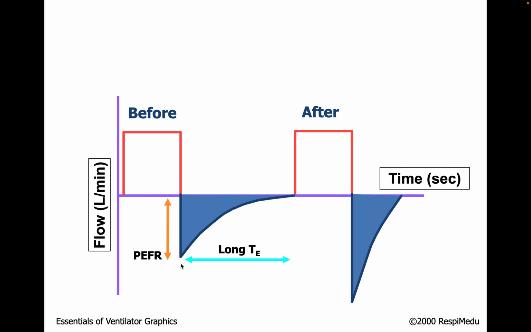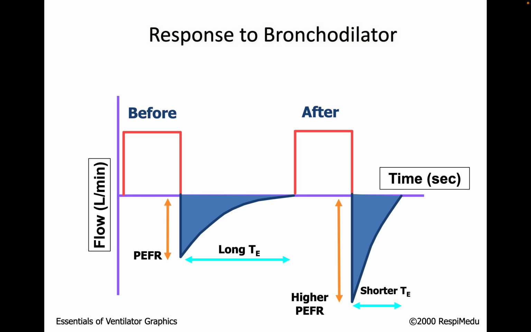Before, you could see the PEFR is low with a longer expiratory time, and after some intervention the point has gone up and the expiratory limb is touching the baseline well in time, unlike the prolonged expiratory time in the earlier scalar. So this is a case of response to the bronchodilator. This is before the bronchodilator, when the patient has an exacerbation of the obstructive airway disease. This is after the bronchodilator therapy.